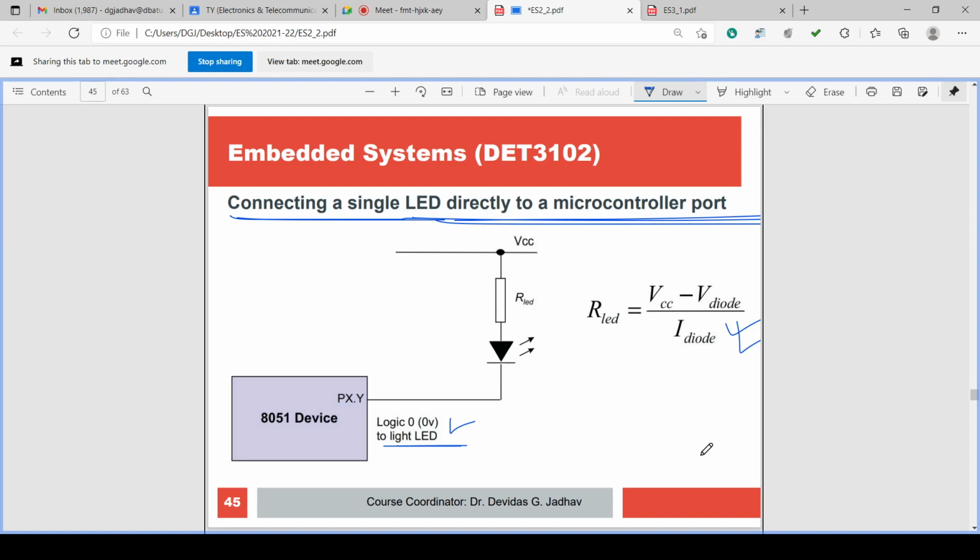Minimum working current is 1 milliampere, maximum current is 10 milliampere, suppose. It should provide at least 1 milliampere, or more than 1 milliampere, up to 10 milliampere. So our LED is selected such that it should provide minimum 1 milliampere and maximum 10 milliampere. In this way also we can decide the resistor value. So RLED is equal to VCC minus V diode divided by I diode.